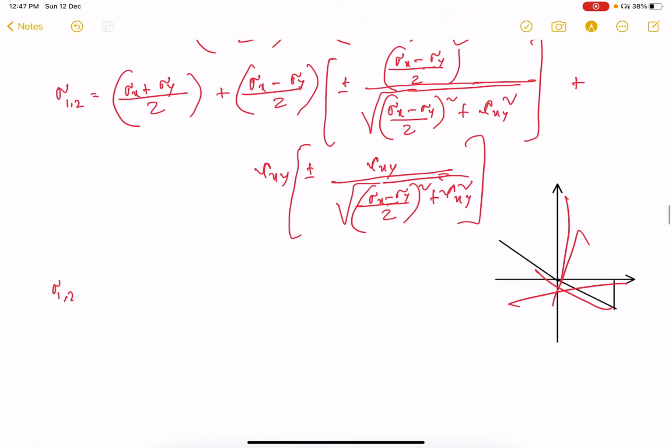Sigma 1,2 is equal to (sigma x plus sigma y) divided by 2.